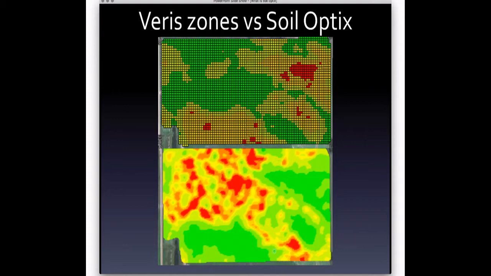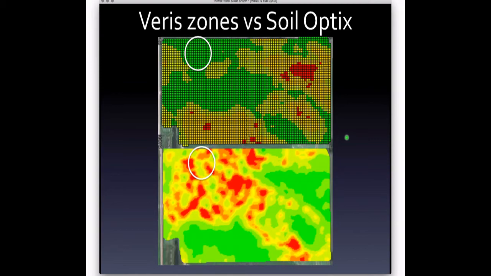We've got this area in the southwest corner of the field, kind of very closely correlates with the Veris zone in that same area of the field. So both systems have done a good job mapping the changes. I would be concerned if their Veris map looked totally different than our SoilOptix, but in this case they didn't.